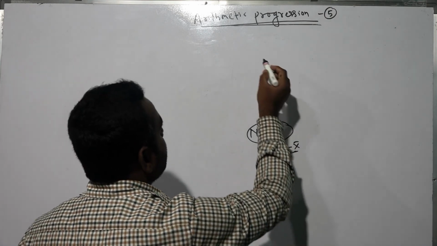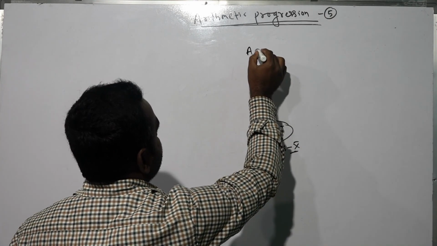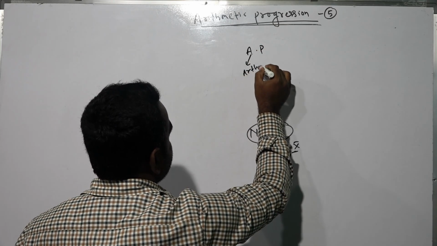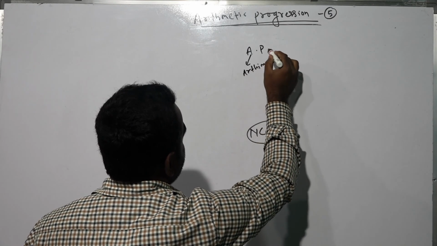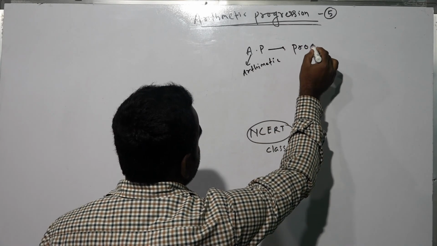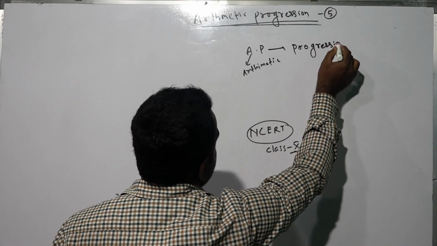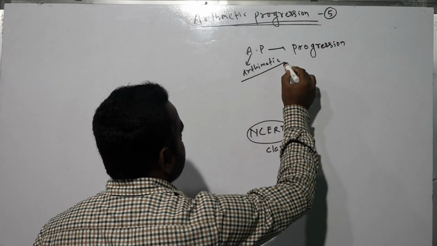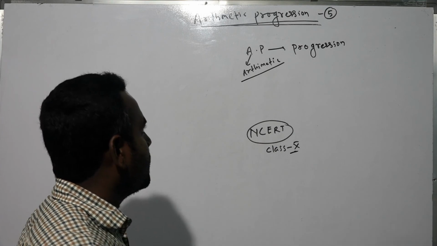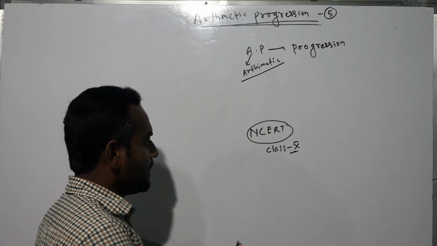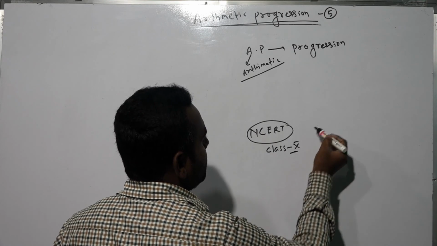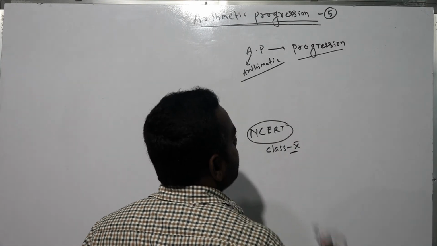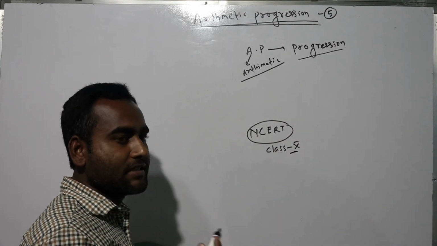So, what is called arithmetic progression? In short, AP. A for arithmetic, P for progression. Arithmetic means a number pattern, a number system, and progression means progress, that is, increasing order.